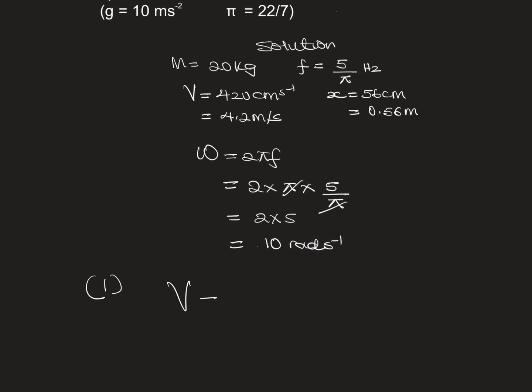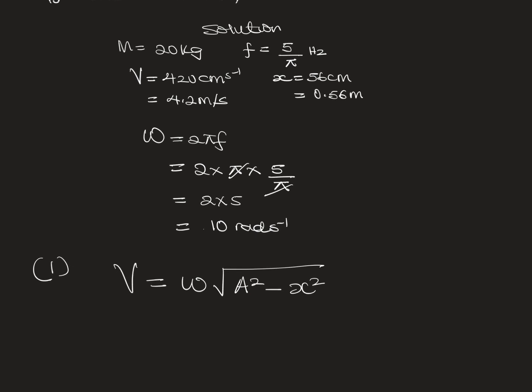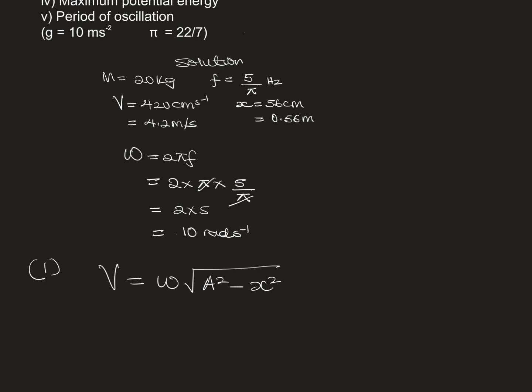Okay. So I know that v, that is the velocity at a given point, is equal to omega times the square root of a squared minus x squared. You can also see it in other textbooks as v squared is equal to omega squared into a squared minus x squared. It's all the same, because if you take this square and send it to the other side as the square root, you will have this.